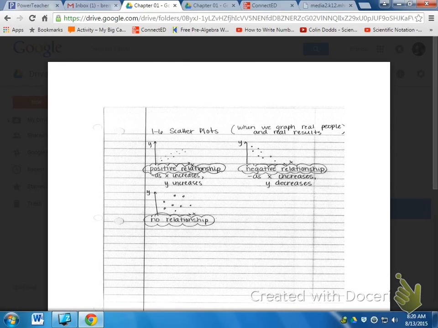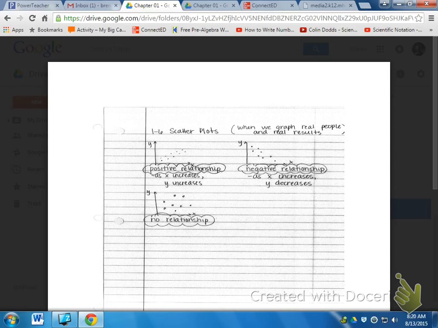We are looking at lesson 1-6, scatter plots. And scatter plots involve graphing real people, real data, real results. So once you start graphing real life things, it's not always in a nice, neat line.